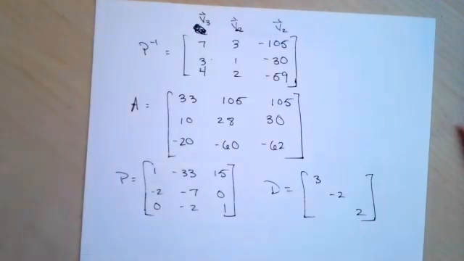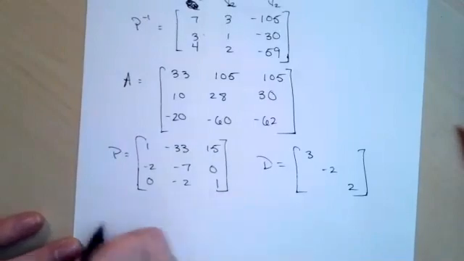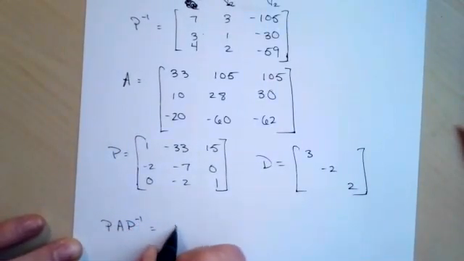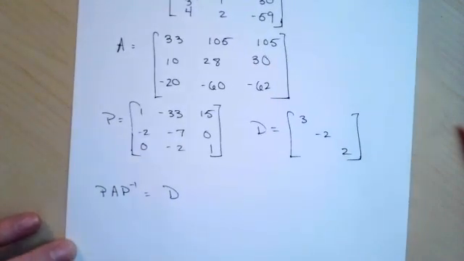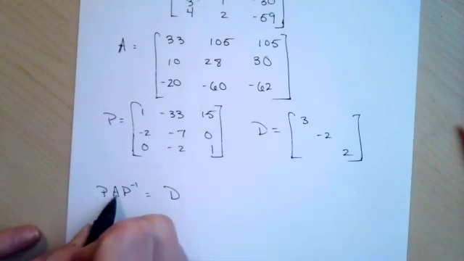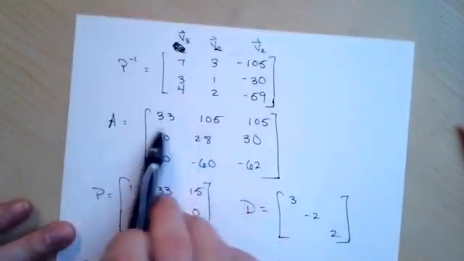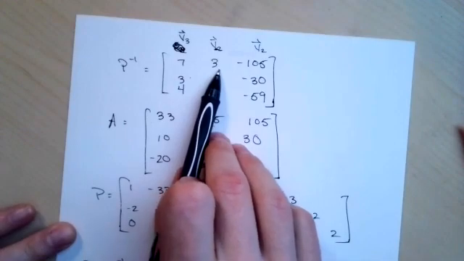And so let's go through what's going on here. If our math was correct, we should see this equation hold. When you think of A acting on P, what is this matrix multiplication going to do?